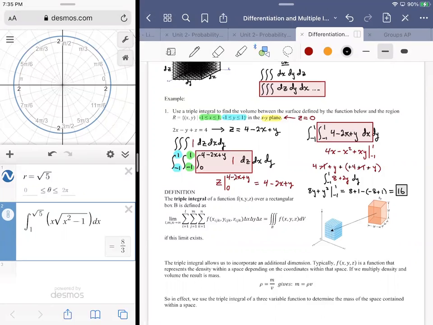Now, contrary to popular belief, the fourth dimension is not always time. Time travel movies have you think that, but it's whatever additional dimension you want to incorporate, right? So maybe temperature. So you have a volume, so a space, a room. You know what the volume is, but maybe you have variable temperature throughout the room.